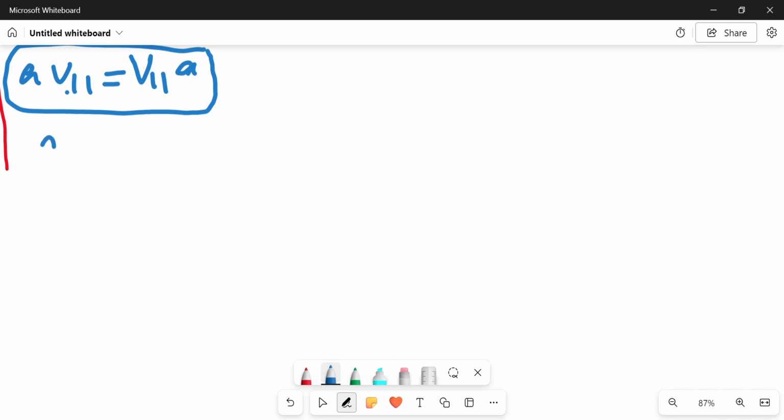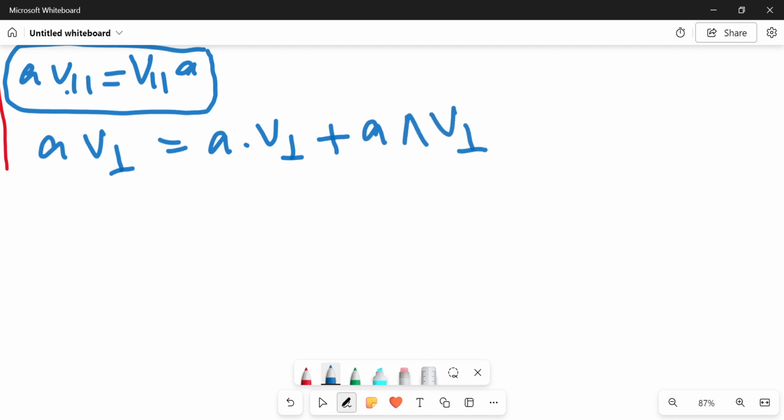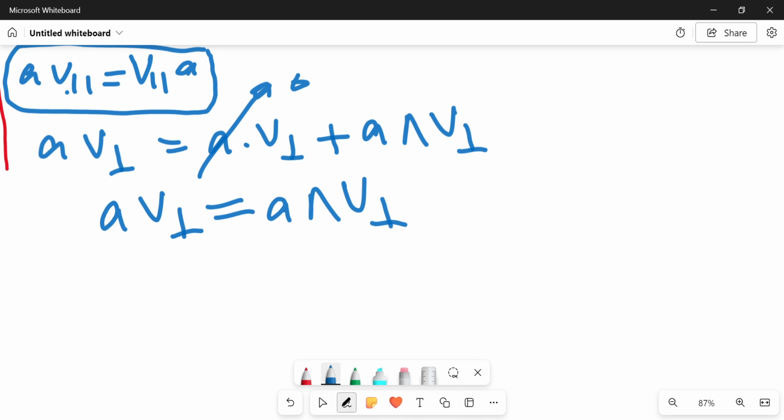Now let us take A V perpendicular, the geometric product. A dot V perpendicular plus A wedge V perpendicular. V perpendicular is perpendicular to A, so this one is 0 this time. So we have A V perpendicular equals A wedge V perpendicular.